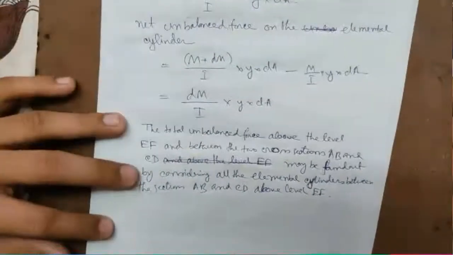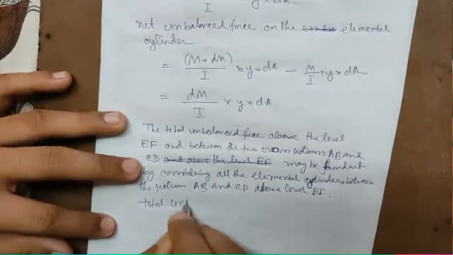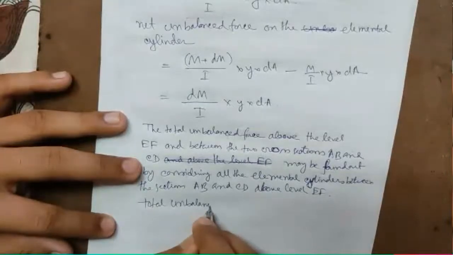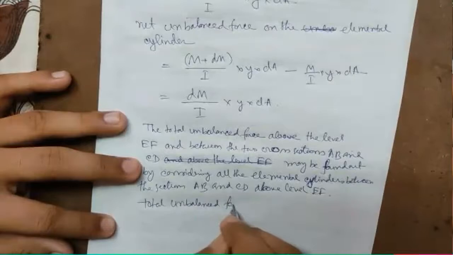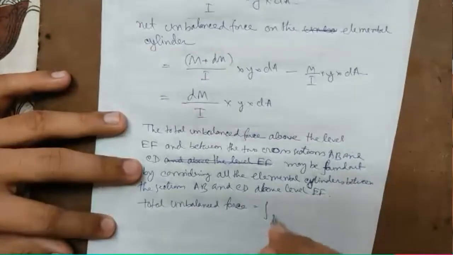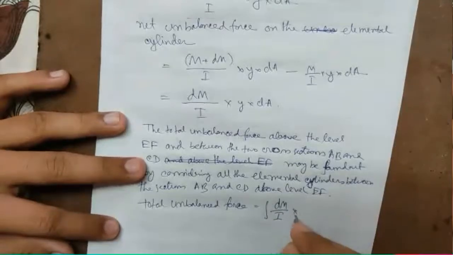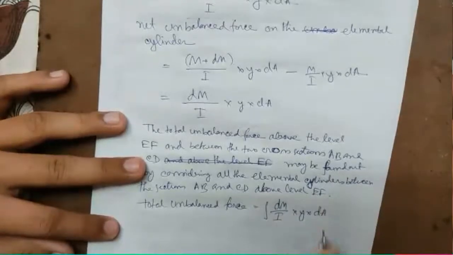Considering the whole area, the total unbalanced force is the integration of dM by I into y into dA.